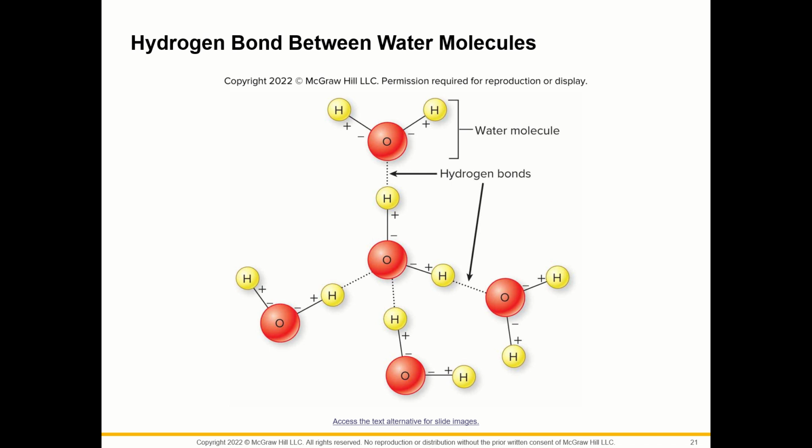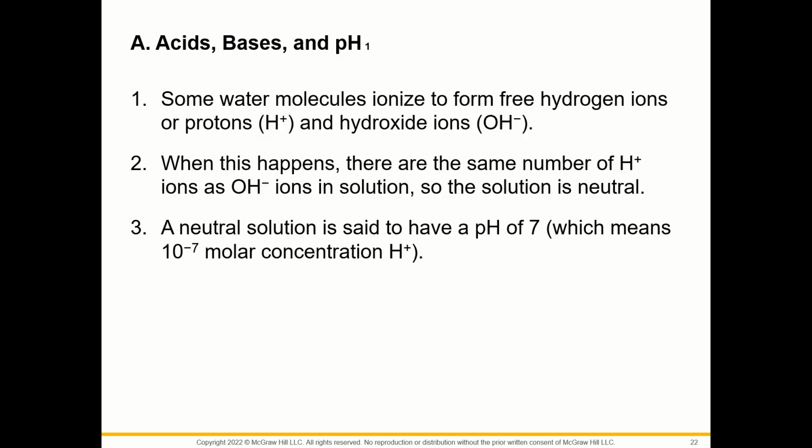It also can lead to other properties such as adhesion, which is water molecules sticking to other substances, such as the sodium and the chloride, and then once they pull those apart in the spheres of hydration, they form those electrolytes.